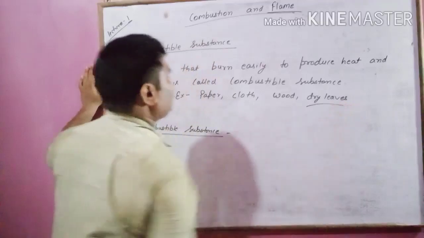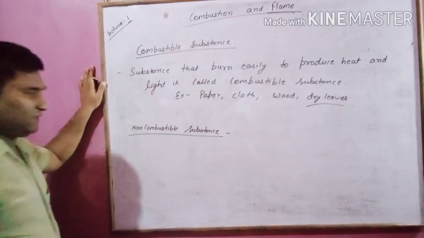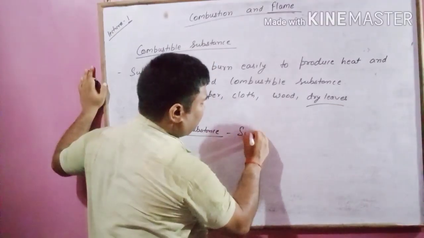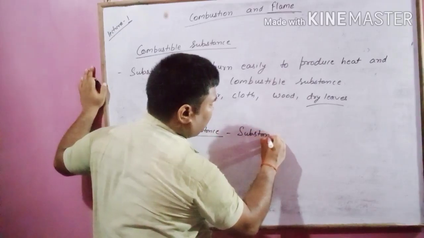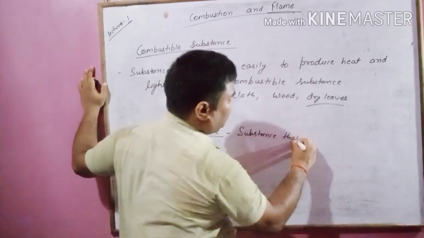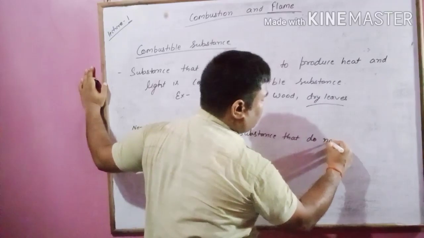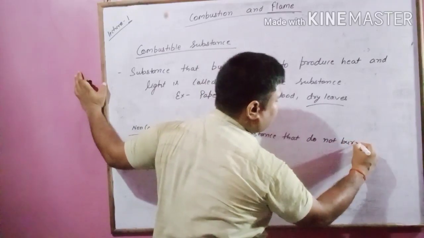These are all examples of combustible substances. A non-combustible substance is one that does not burn.